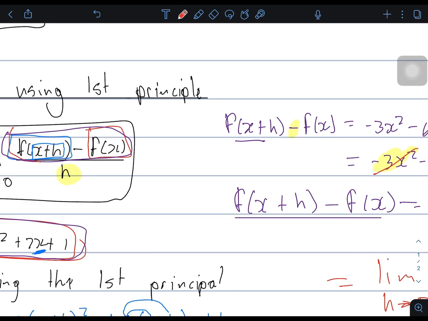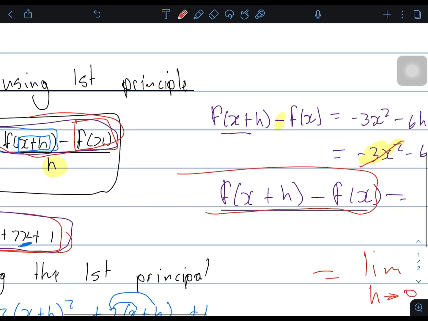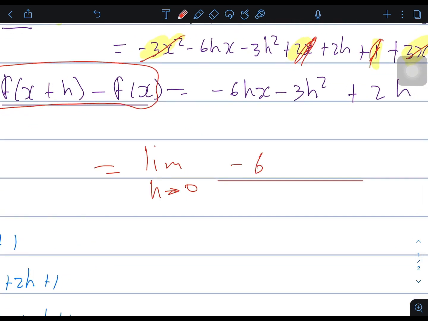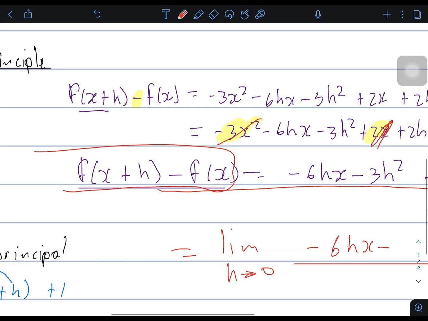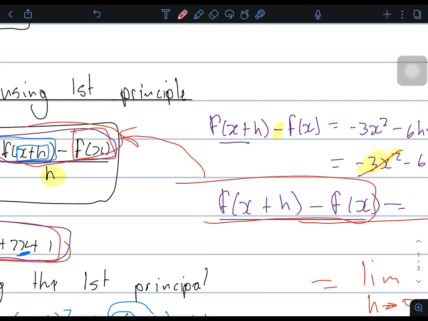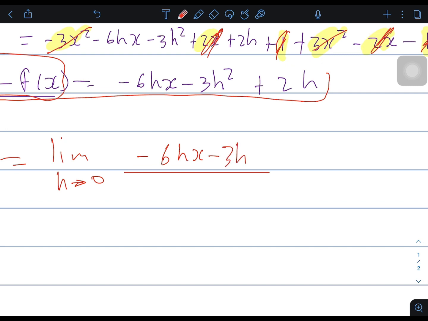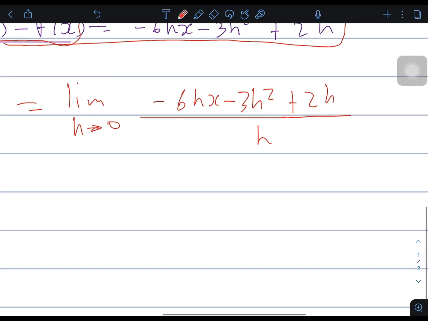We have calculated it, all this in the numerator, we calculated it, it's negative 6hx minus 3h squared plus 2h over h. Basically now guys I am substituting that into the formula. If we look at the numerator, what do we have? We have a common factor.